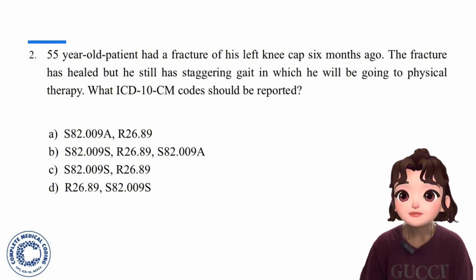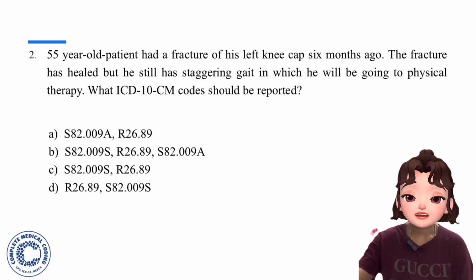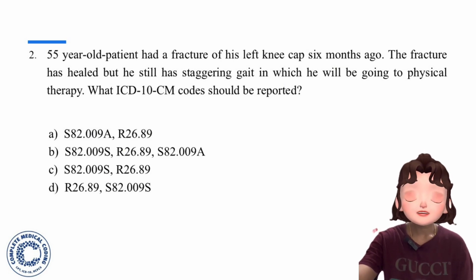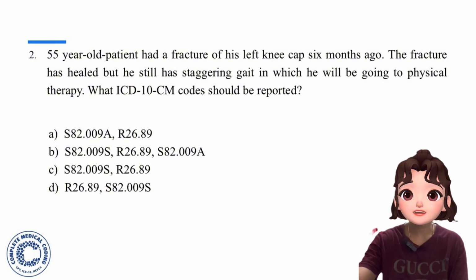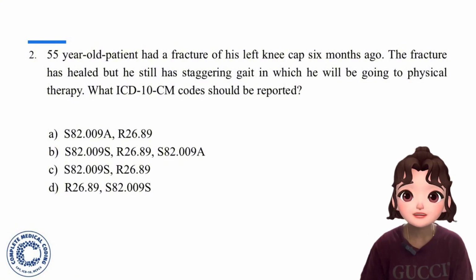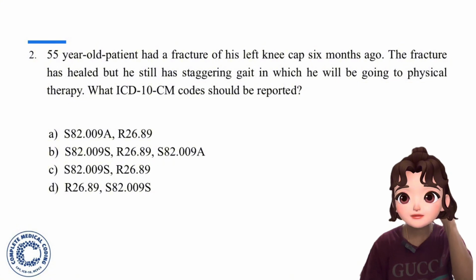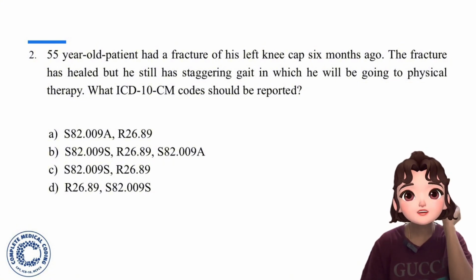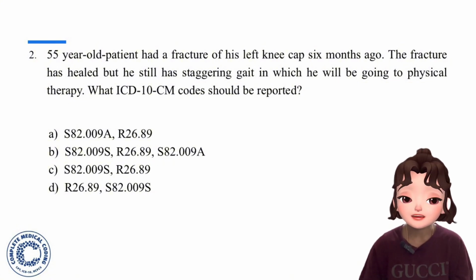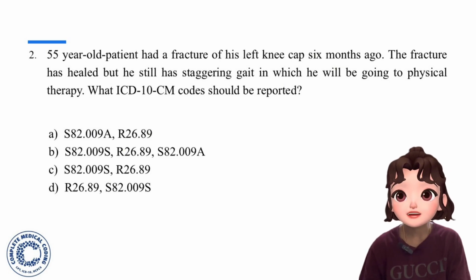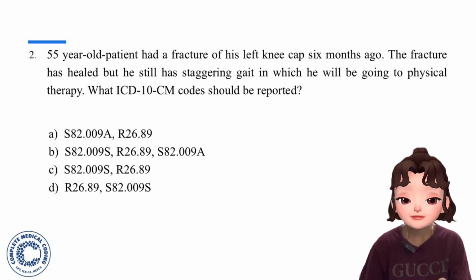Anyway, let's go and find out the answer for this one. Just go to the first option, first code. It is the S code. S82.009A, which is unspecified fracture of unspecified patella, initial encounter for closed fracture. You cannot say everything is unspecified if something specific is mentioned, right? Because here it's specifically mentioned as left knee, fracture of left knee.